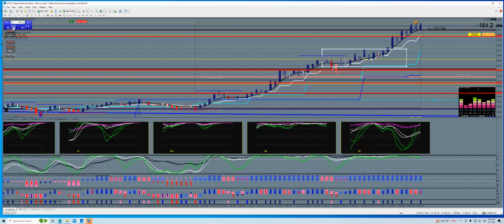Okay. All right, so hopefully this is a good sign that the swing up didn't make a new high. It's been making a new high. So let's see how it reacts on the way down. Yeah, we may get a change in direction trade.